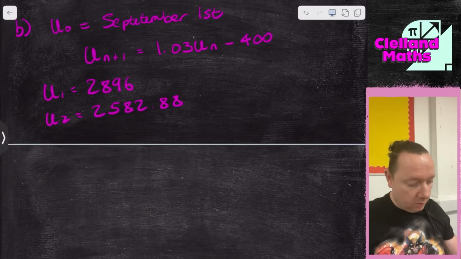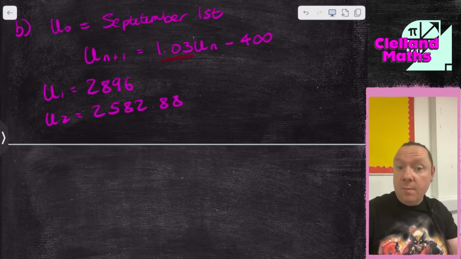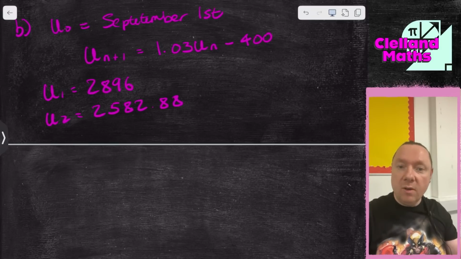So we just need to keep working on this recurrence relationship because it doesn't have a limit because that's not between minus 1 and 1. So we're just constantly subbing in.